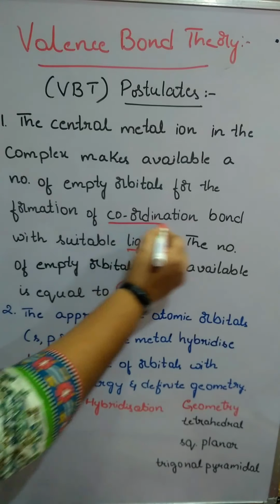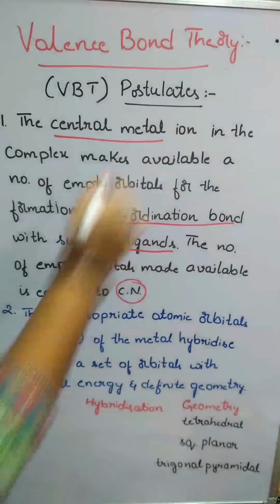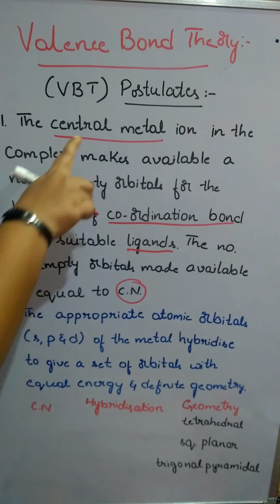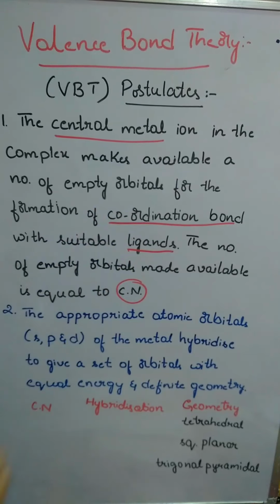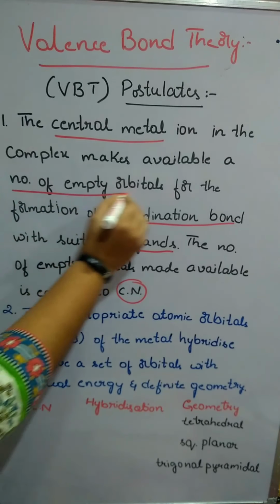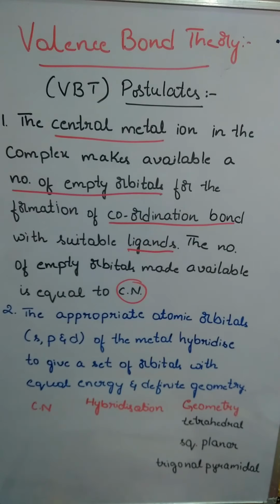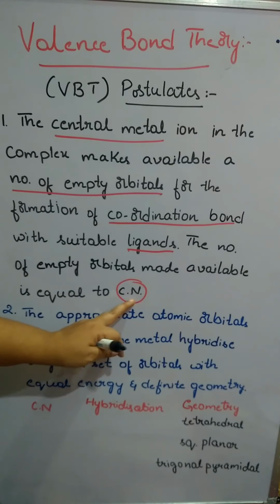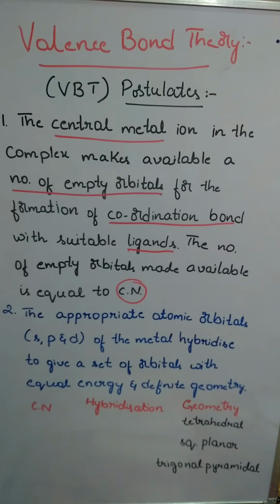To make that bond formation, it requires a number of empty orbitals, that is, vacant orbitals. How many vacant orbitals does it require? It requires the number of vacant orbitals equal to the coordination number.